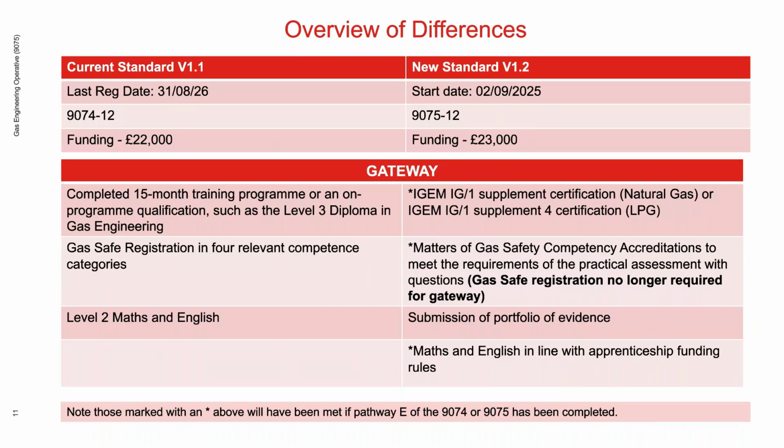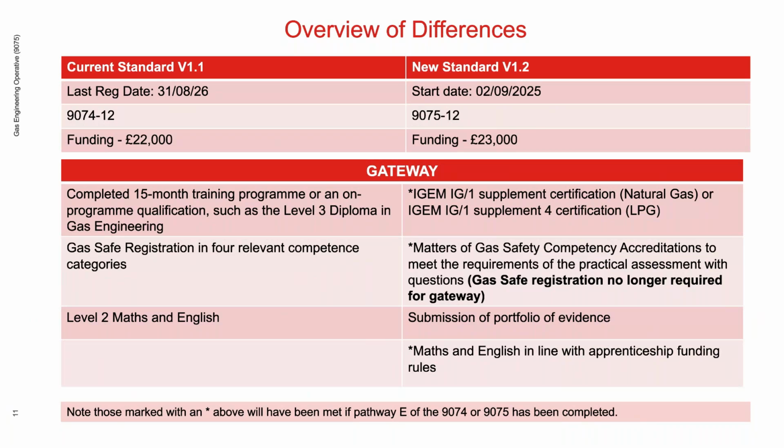On the new version, we've got iGEM IG1 supplement certification natural gas or iGEM IG1 supplement 4 certification LPG, matters of gas safety competency, accreditations to meet the requirements of the practical assessment with the questions. So this is gas. Basically, this means that Gas Safe registration is no longer required for Gateway. Submission of a portfolio and maths and English in line with the apprenticeship funding rules.